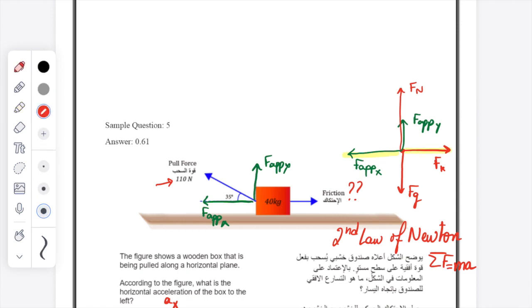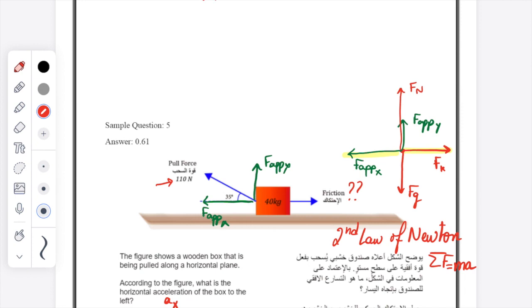So putting them here, I have F applied along the x-axis and minus, because it's on the other side, Fk, which stands for the kinetic friction, divided by the mass.